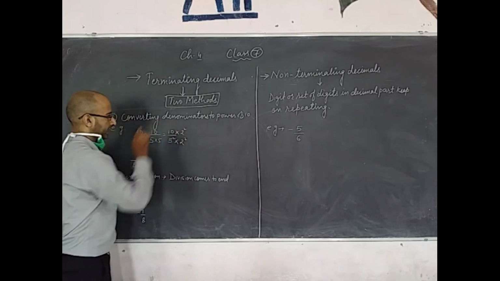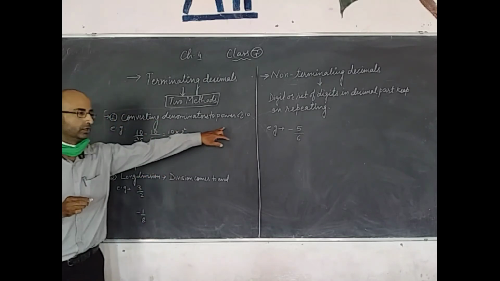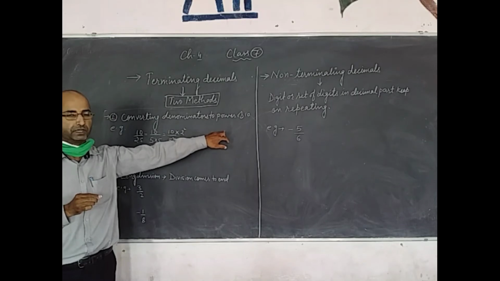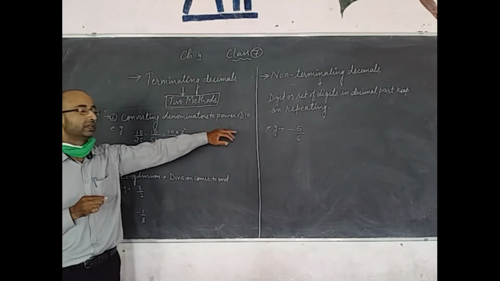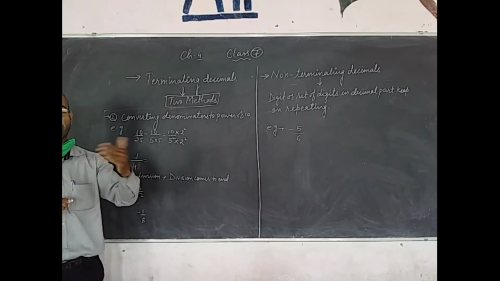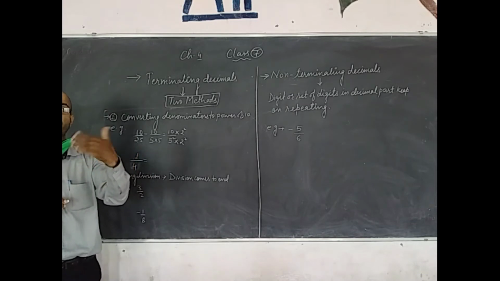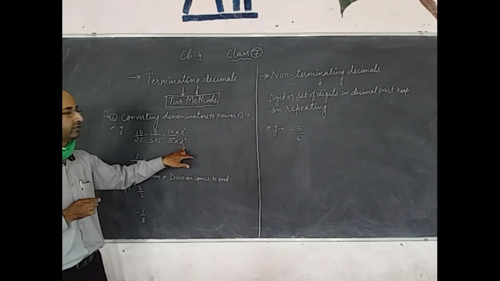2 square. Because I just told you a few seconds ago that whenever you factorize 10, 100, 1000, your prime factors will be 2 and 5 only.